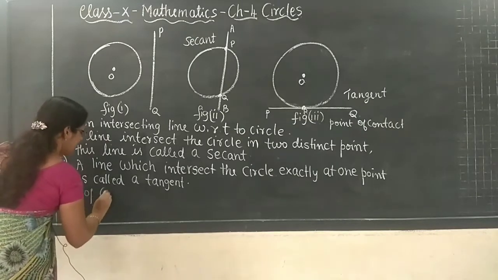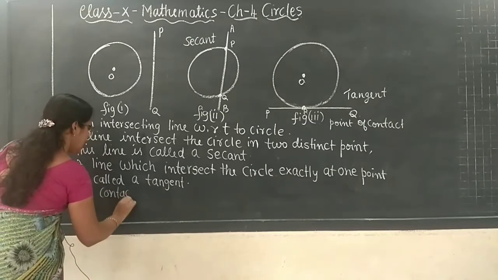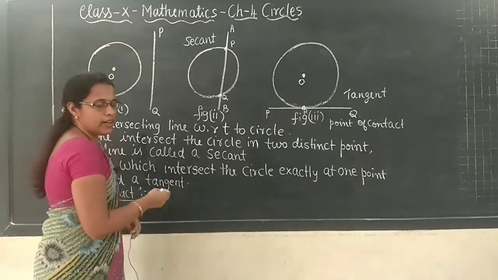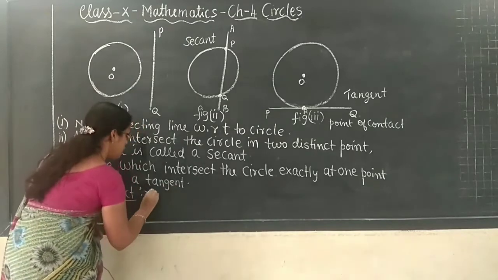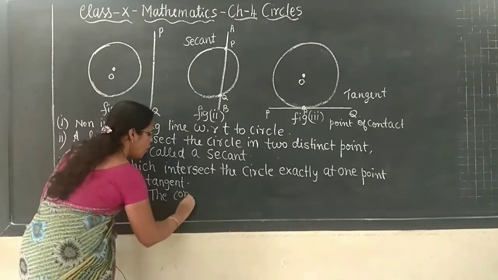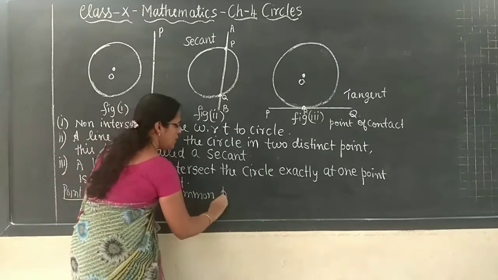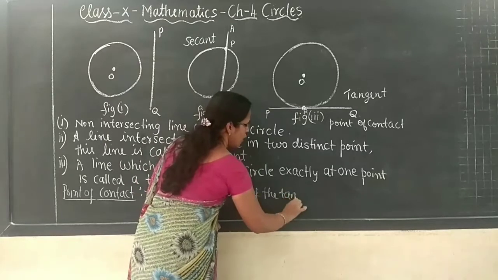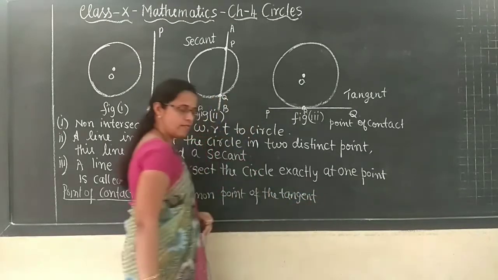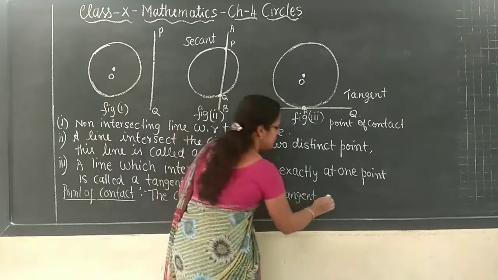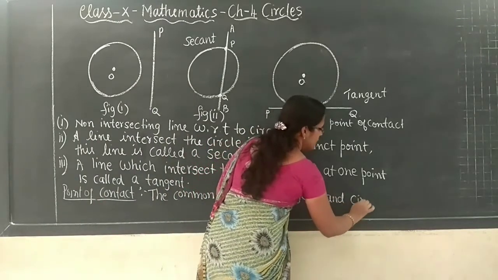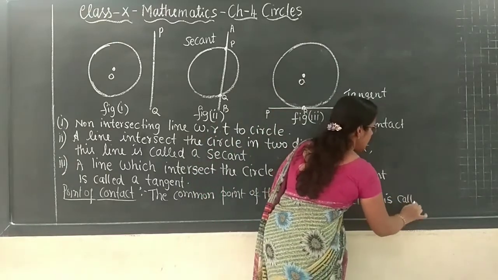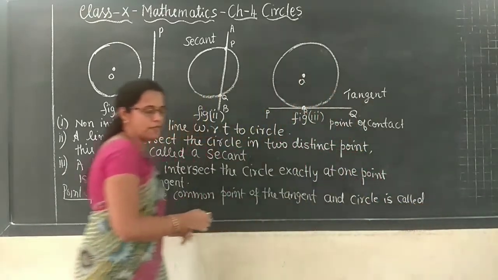Write: the common point of the tangent and the circle is called a point of contact.